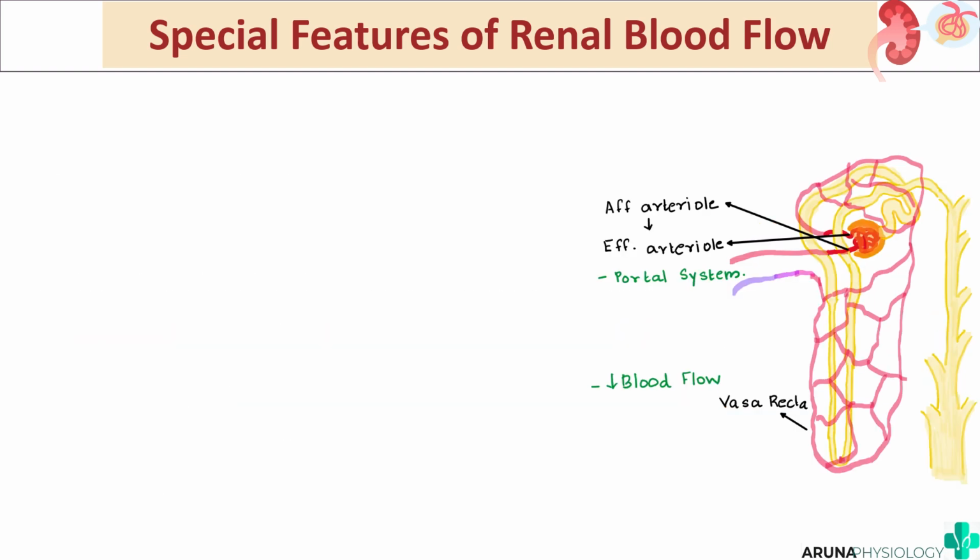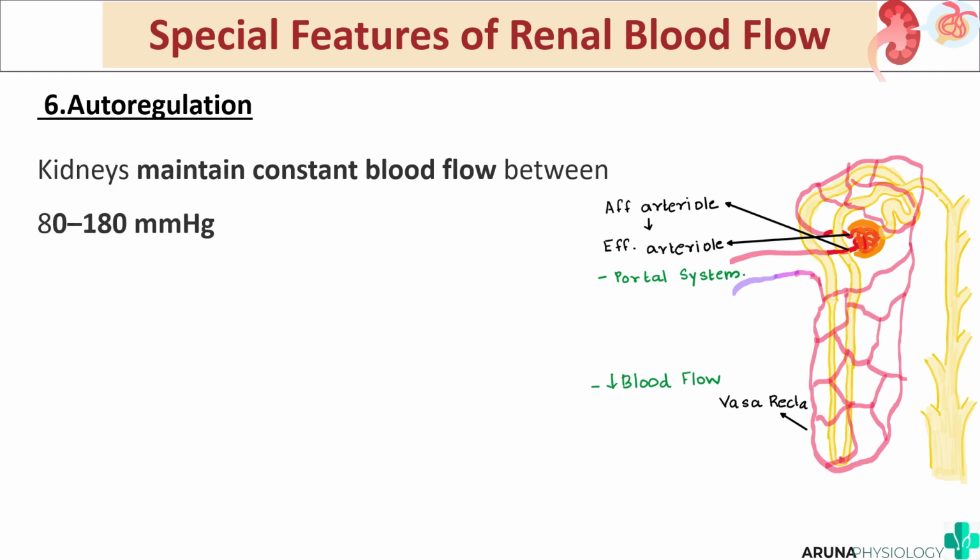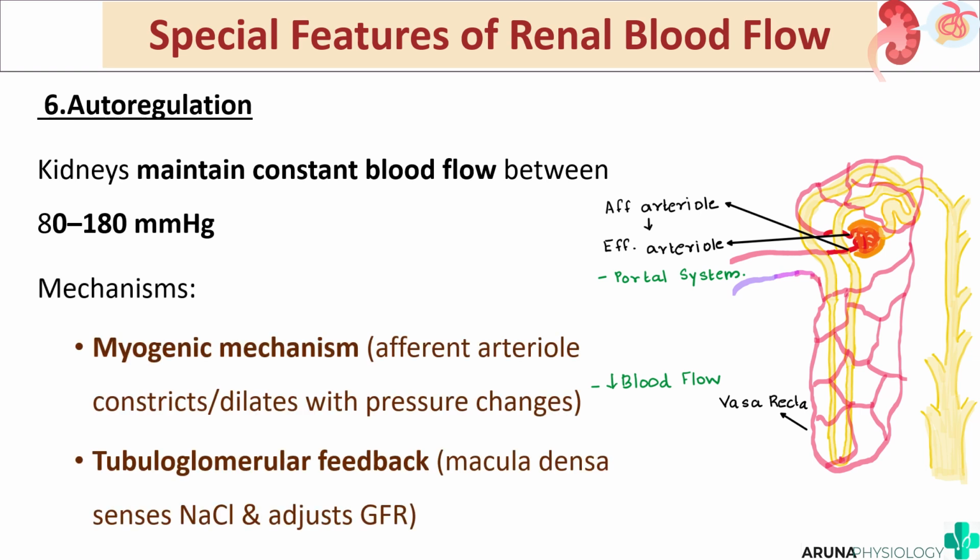And finally, our last point, as I said, is that we've got autoregulation. Even if the BP is between 80 to 180 millimeters of mercury, the kidney blood flow remains constant. The GFR also remains constant. That is mainly because we've got two mechanisms called the myogenic mechanism and the tubuloglomerular feedback mechanism, which help to maintain renal blood flow as well as glomerular filtration rate.